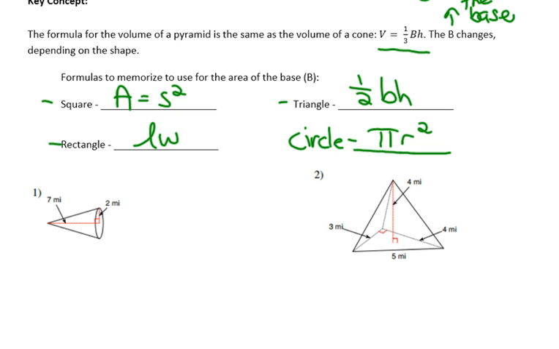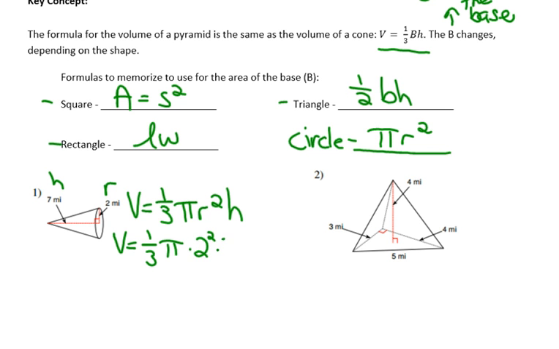So here's a nice cone to review from yesterday. We have volume is 1/3, and instead of big B, I'm going to put in pi r squared, times h. 2 is your radius, 7 is your height, and remember we're using our pi button. So we have 1/3 times pi times 2 squared times 7.